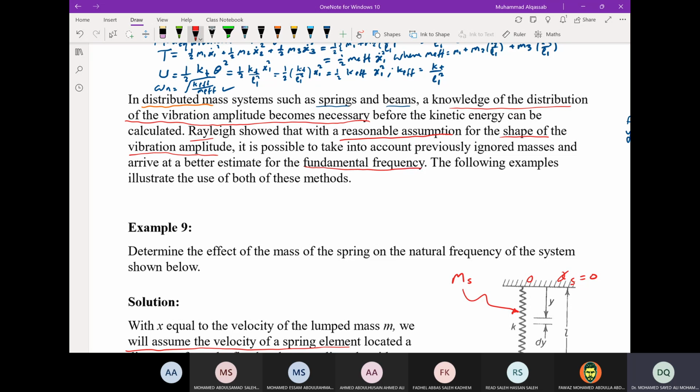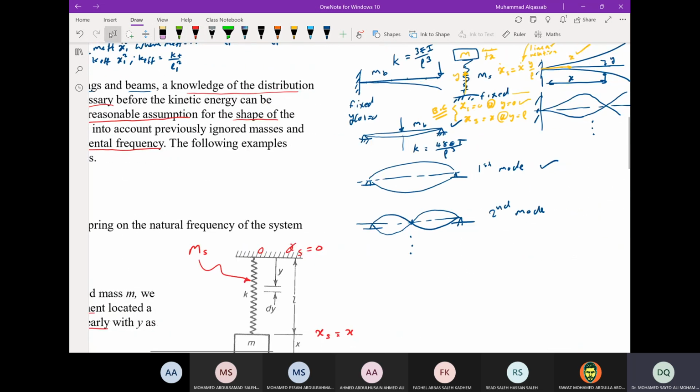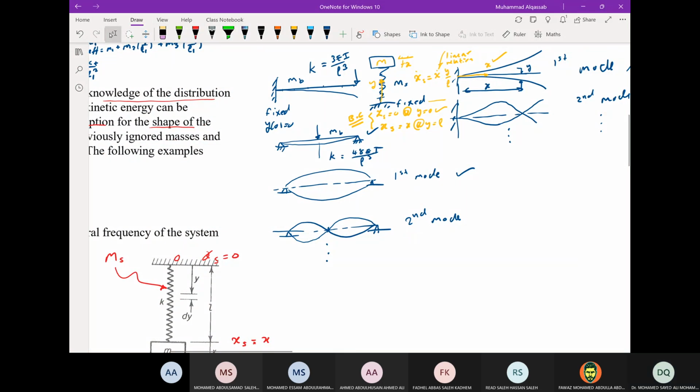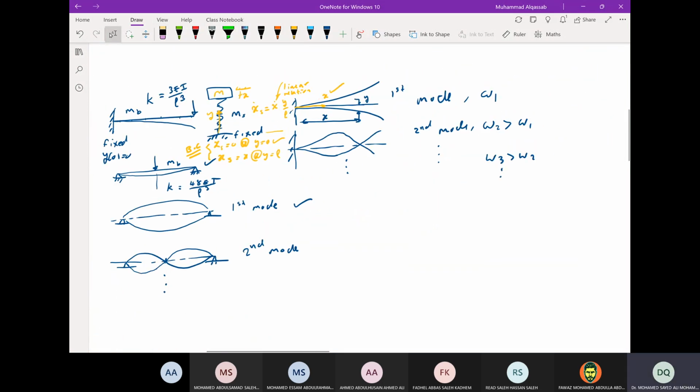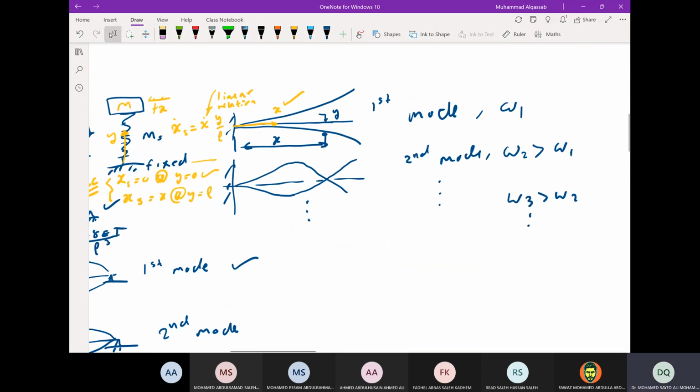For continuous systems, we have more than one natural frequency. You have an infinite number of degrees of freedom, and accordingly an infinite number of natural frequencies. So omega 1 is less than omega 2, omega 3 is greater than omega 2, and so on.